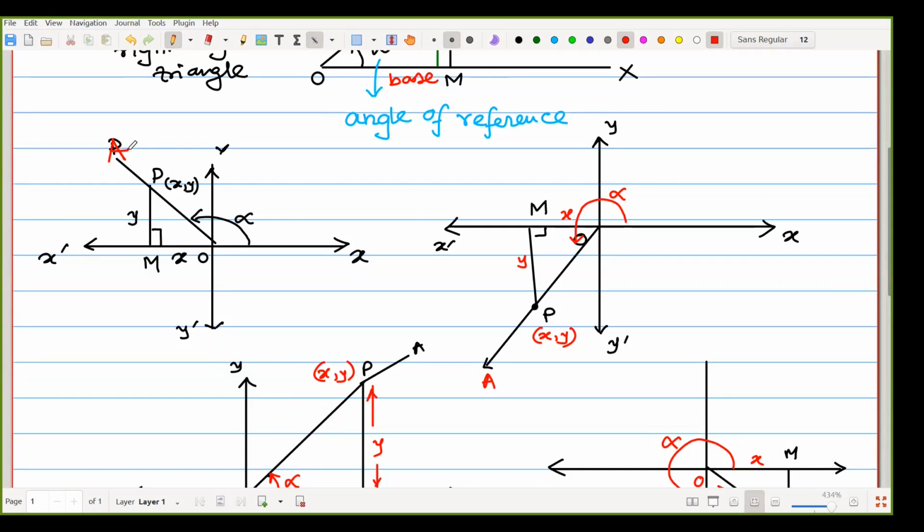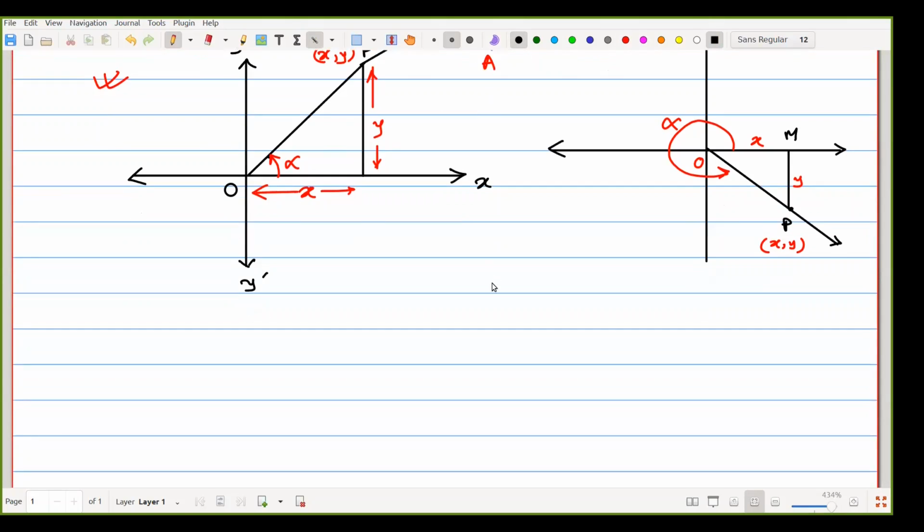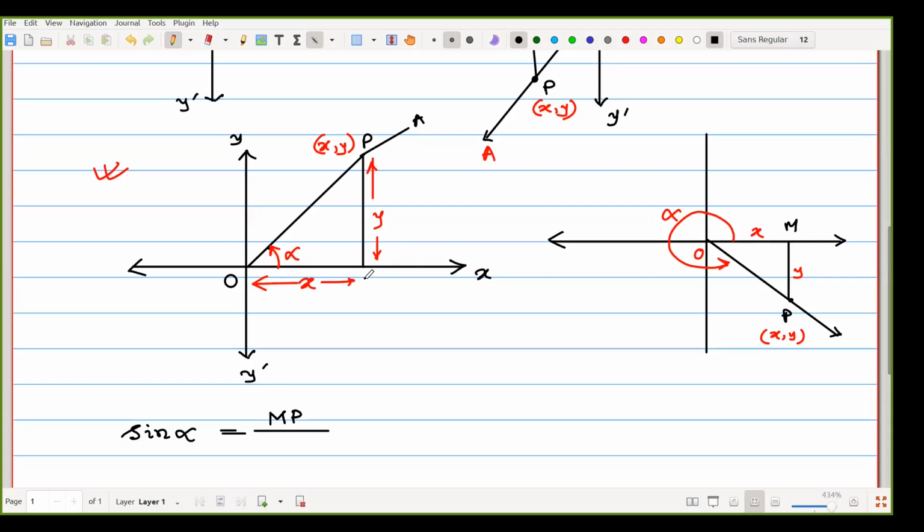So what is sine alpha? Just think about from that diagram, it would be easy for you. Sine alpha means that is called sine alpha. That is MP divided by OP.